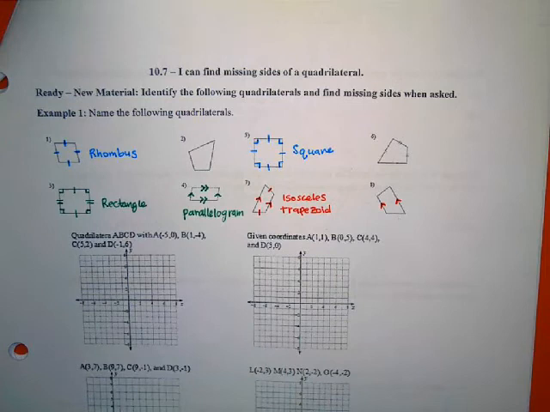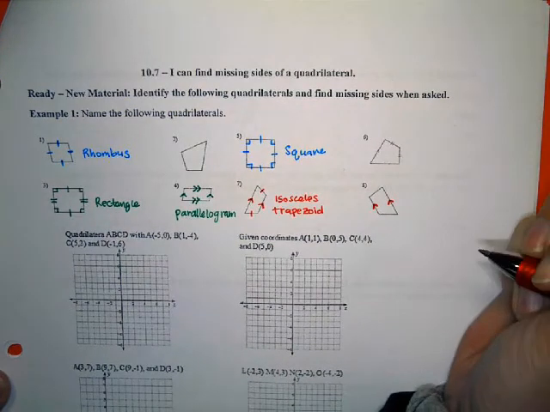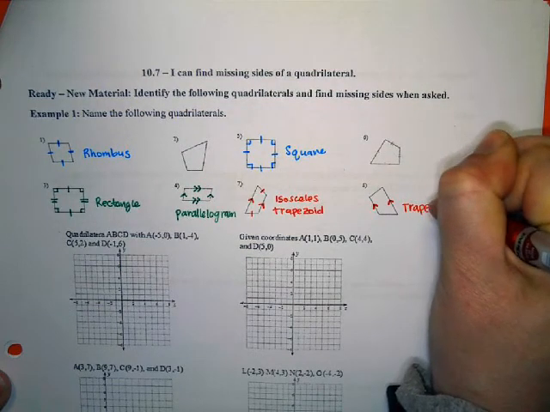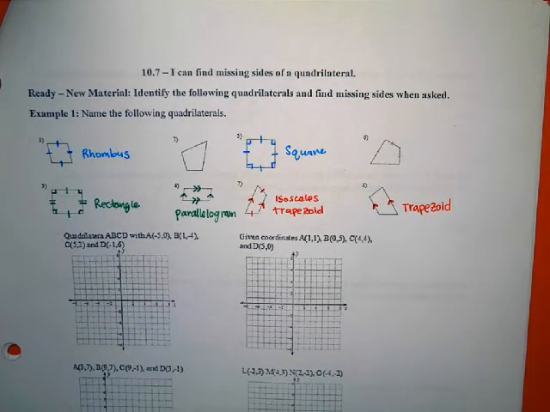What would 8 be called if it only has the arrows? Trapezoid. It's not an isosceles, it's just plain old trapezoid.